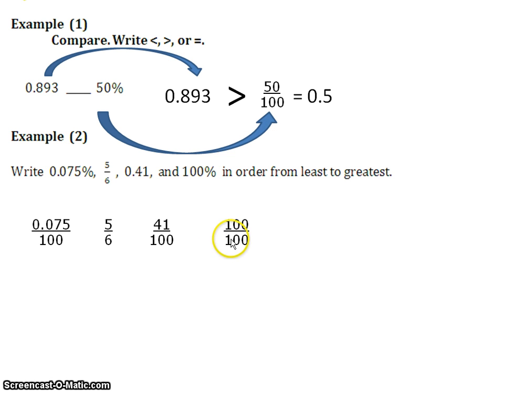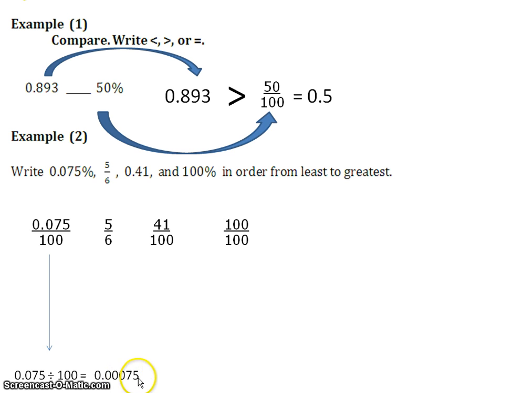Now, once they're all written as fractions, we can convert these fractions into decimals. For 0.075 over 100, I take the numerator and divide it by the denominator, and I come out with 0.00075.